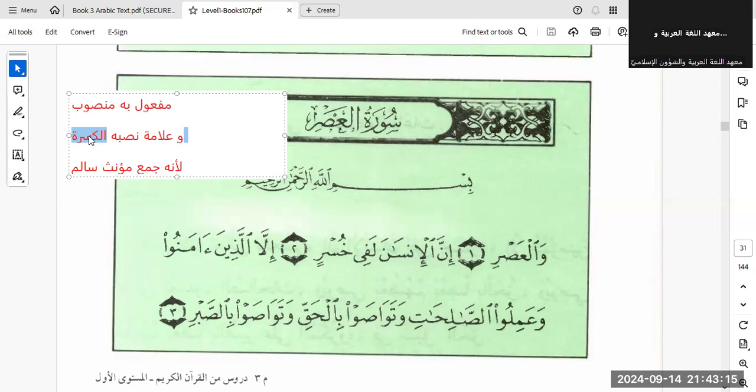Now, al-fatha is not the primary alamat of majroor, so you'll give a reason. You'll say wa alamatu jarrihi al-fatha li'annahu mamnu min as-sarf, because it's a diptot. As the diptots, we know that diptots do not accept kasra in their majroor form.